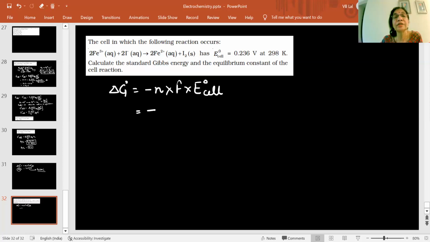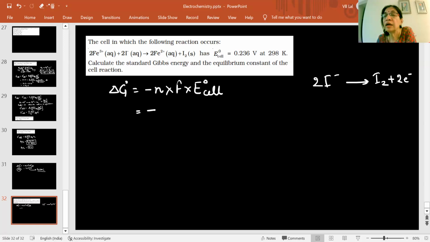So for that, let us write the cell reaction carefully. What is happening? Fe3+ is changing into... First let us write the oxidation. So I- is changing into I2, so 2I- is giving 2e-.